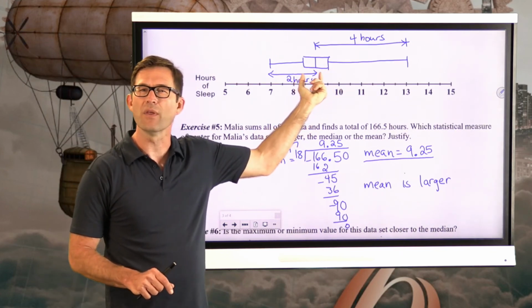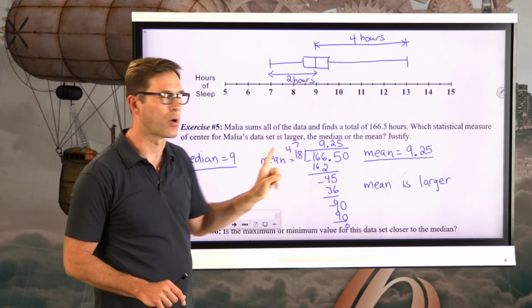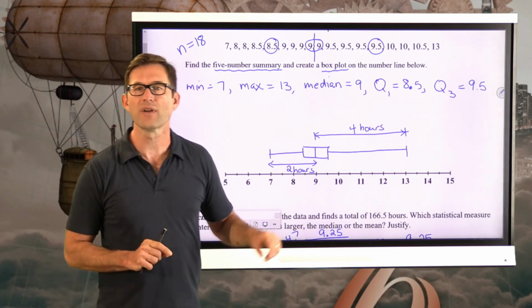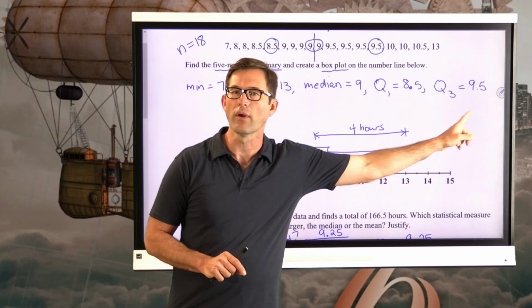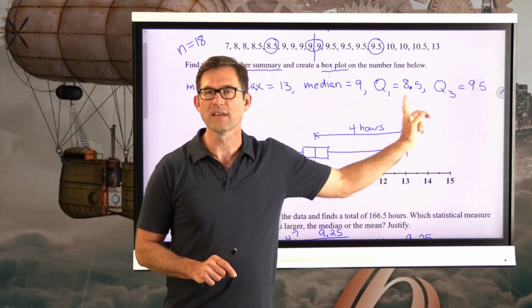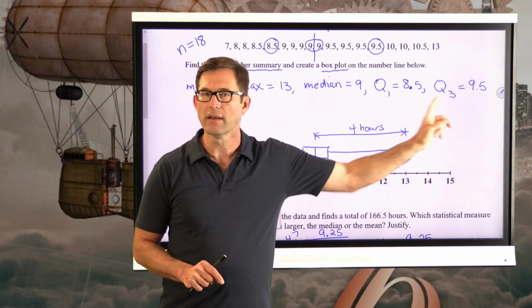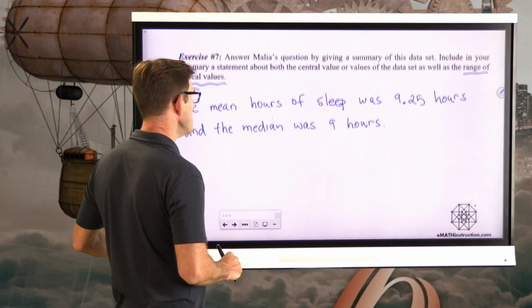That half that's within the box. And the range there is only 1 hour, right? That's the IQR, the interquartile range. And that just goes from 8.5 hours to 9.5 hours. Half of our data set is falling within that span, right?